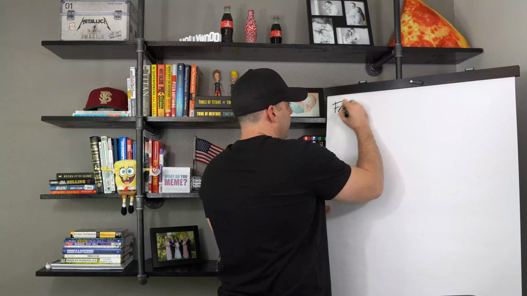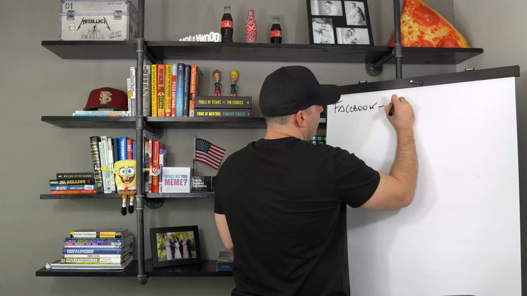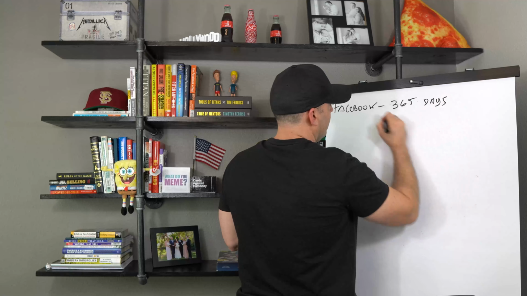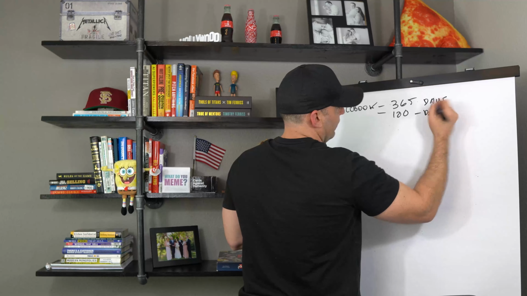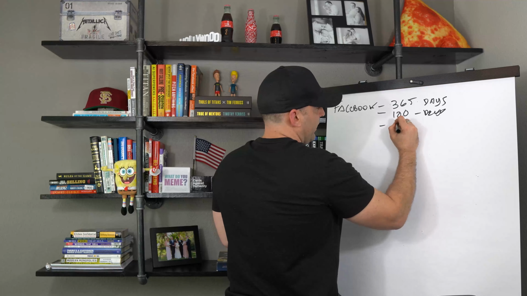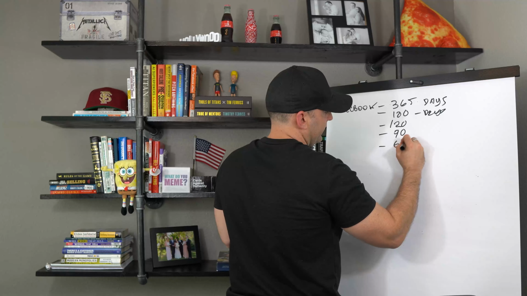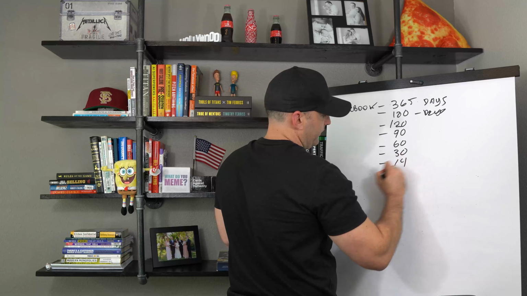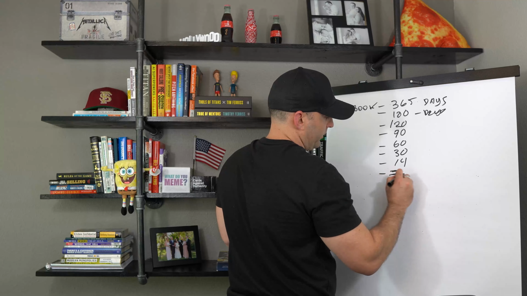So it's gonna be Facebook, 365 days, 180, 120, 90, 60, 30, then you do 14, then you do 7, and you break it down, okay?